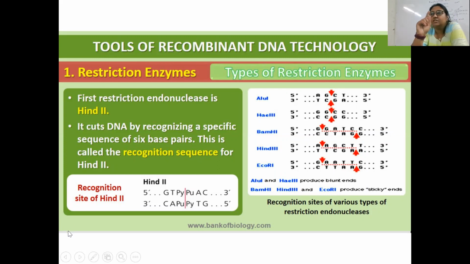So depending on the gene sequence you want, you have to select the restriction endonuclease. It is available in the market, and whatever restriction endonucleases are discovered till now, we know the restriction sequence. So that's why we don't use it haphazardly. We use it after knowing.